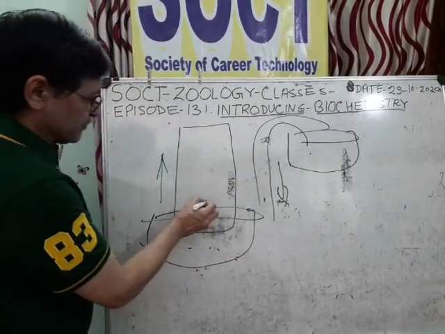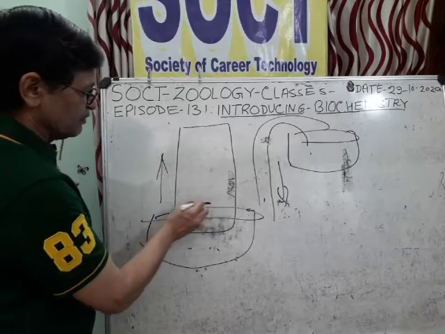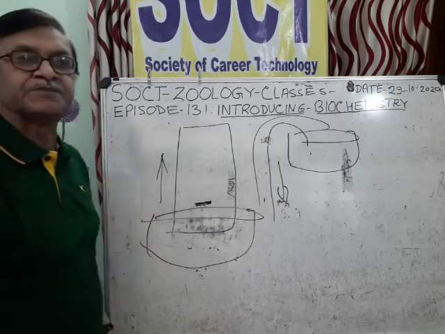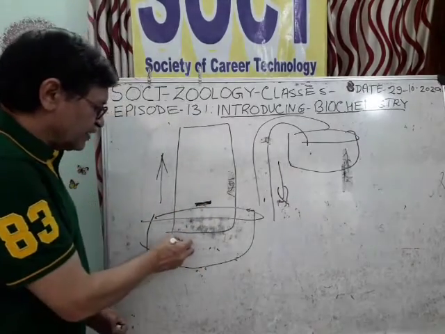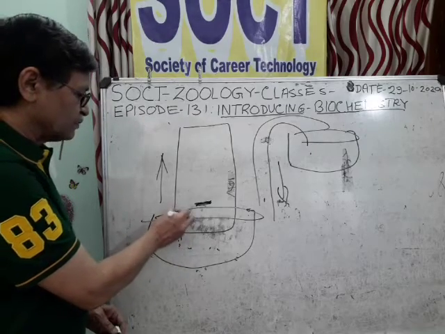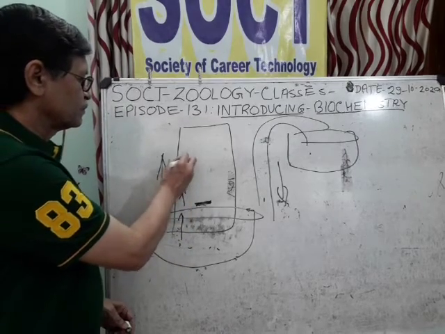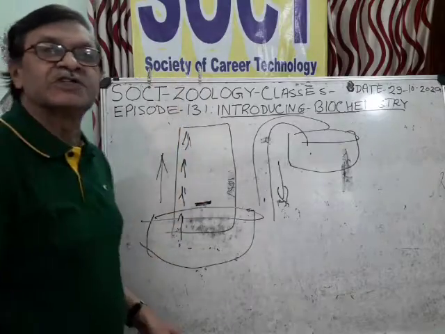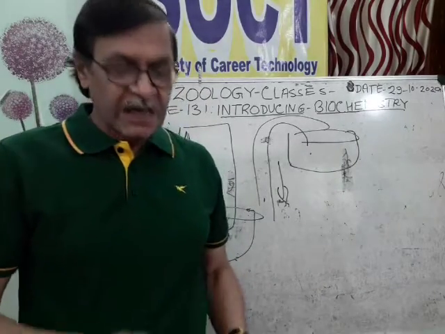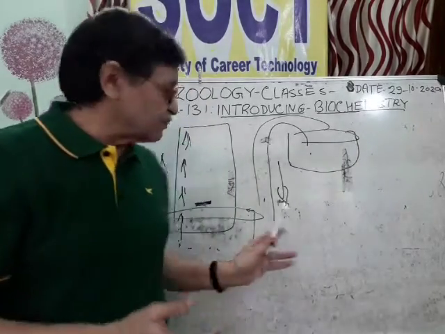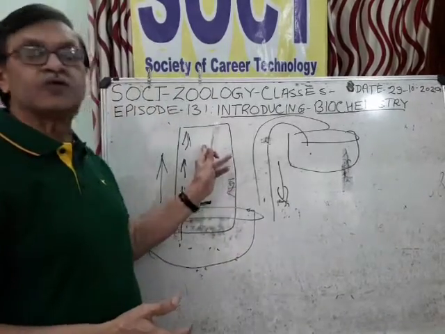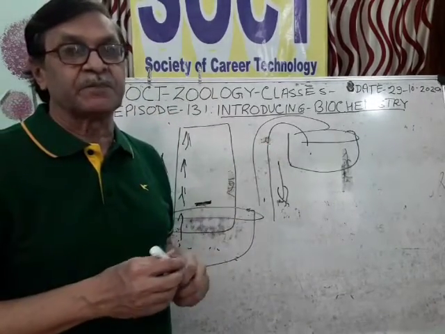So here also, what happens? Suppose the mixture of compounds is kept here. The solvent, due to capillary force, will migrate towards the upper end. And along with this solvent, some of the solute particles will also move towards the upper end.